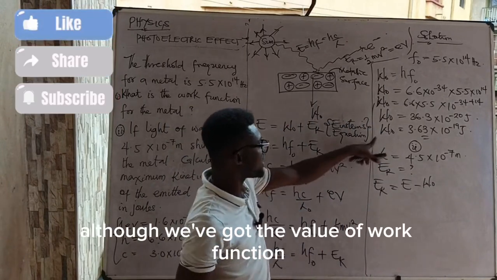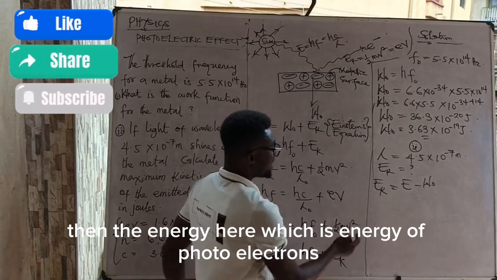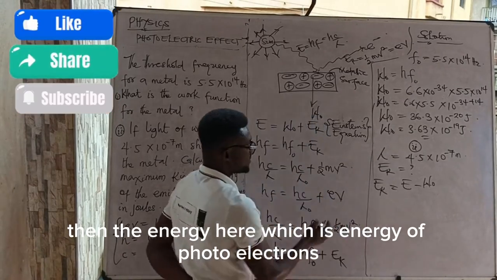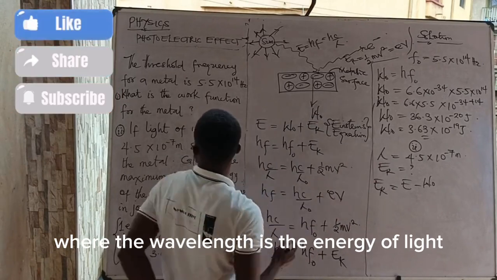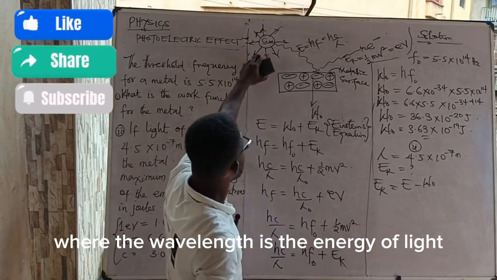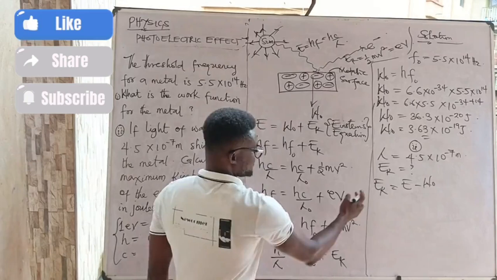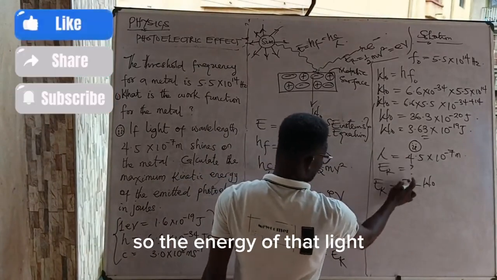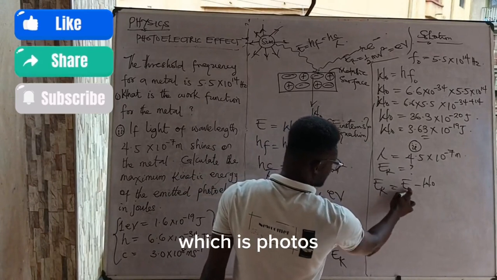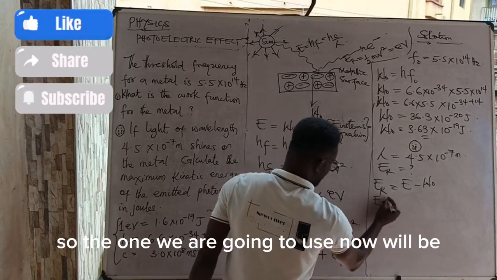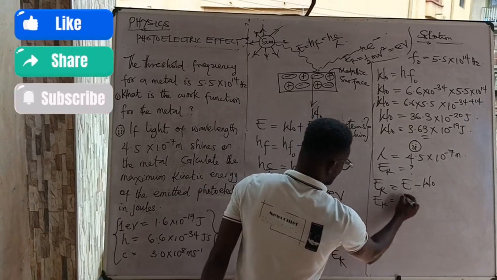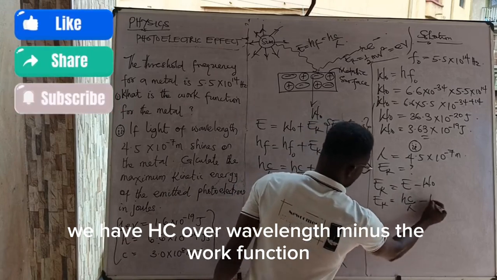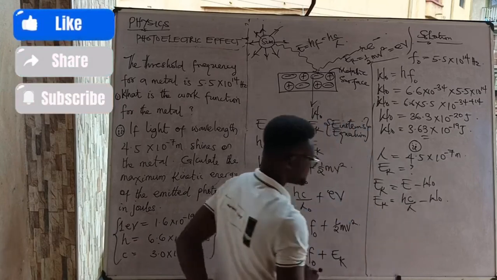We've got the value of the work function, and the wavelength of the light has been given, so we can find the energy of the photons. The one we are going to use is hc over wavelength, minus the work function.